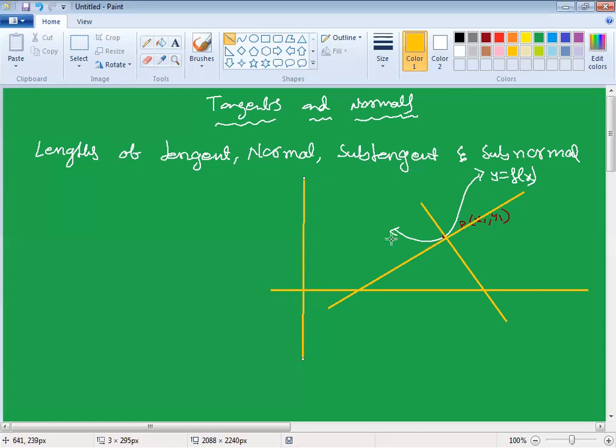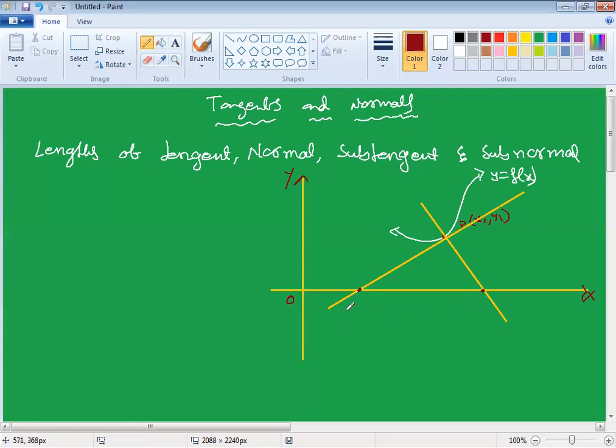Every line meets the x-axis somewhere, that I already told you. In that way, this tangent touches the x-axis here and the normal touches the x-axis here. Here the x-axis, y-axis, origin. Tangent touching here and normal touching here.